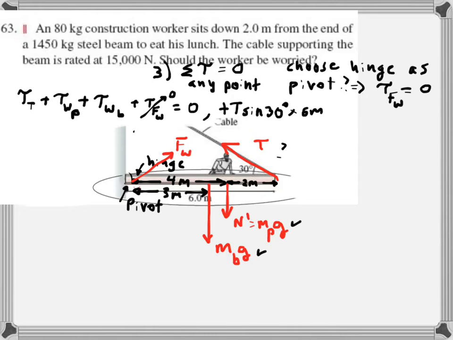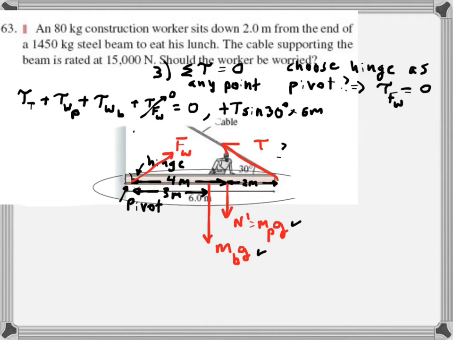So what is the torque of the tension? The tension is a force that is acting at 30 degrees from the beam. The force is attached to a point 6 meters away from the hinge. So we're going to do the value of the tension, T, multiplied by the sine of 30 degrees. That will give us the component of the tension perpendicular to the beam. That is one way to calculate torque, which is to find the component of the force perpendicular to the position vector.